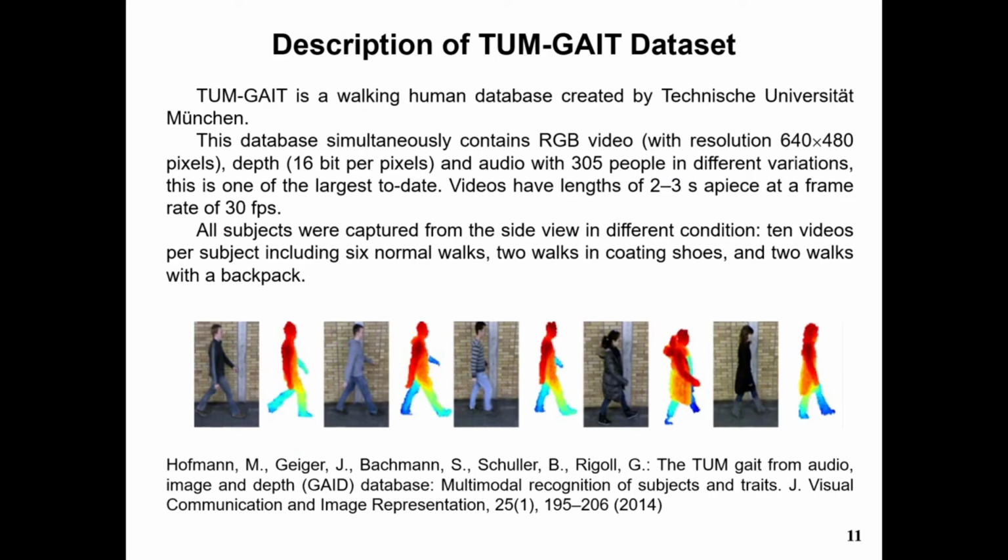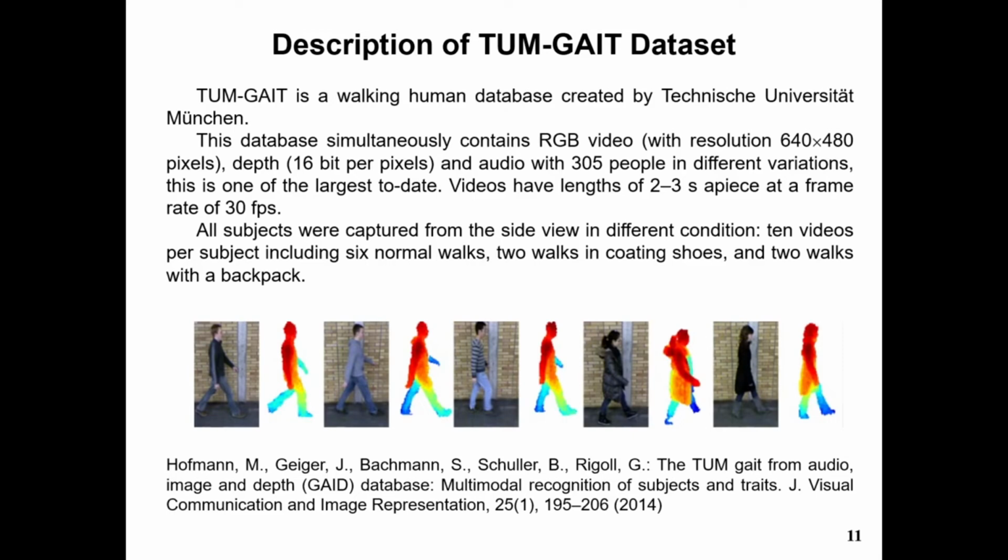TUM Gait is a walking human database created by Technische Universität München. This database simultaneously contains RGB videos with resolution 640 by 480 pixels, depth at 16 bits per pixel, and audio with more than 300 people in different variations. This is one of the largest to date.